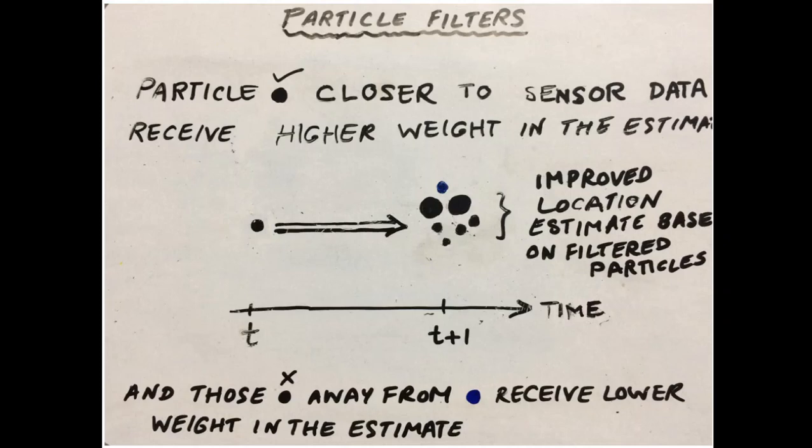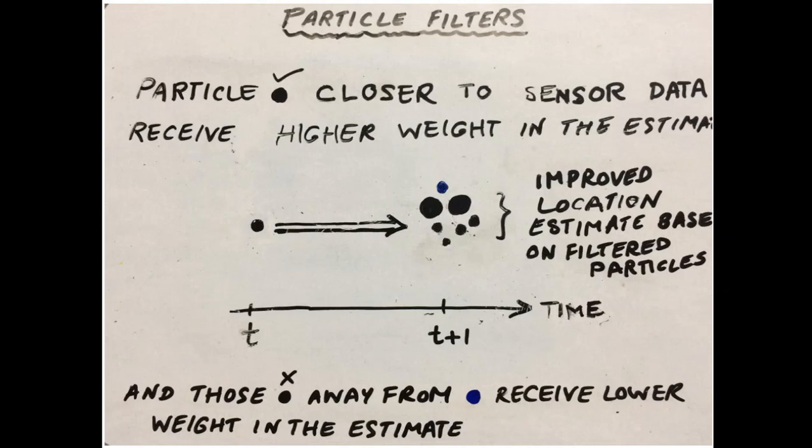And so I'm now going to change the size of the particles in proportion to their relevant weights. As you can see, the particles closer to the blue one have been enlarged, and the particles which are away from the sensor data point have been shrunk, and they will contribute less towards the overall estimate.